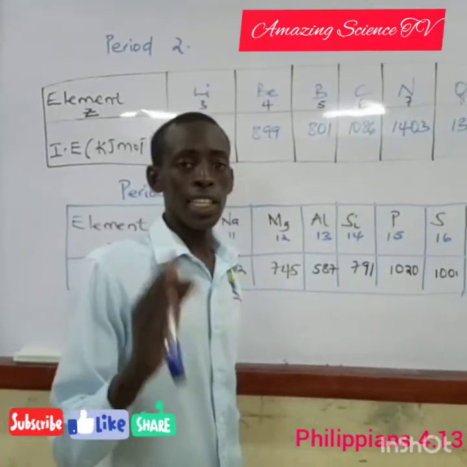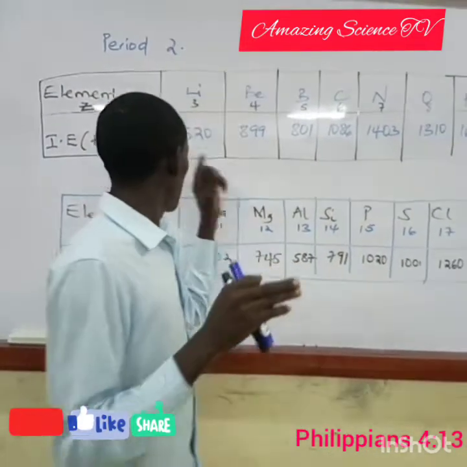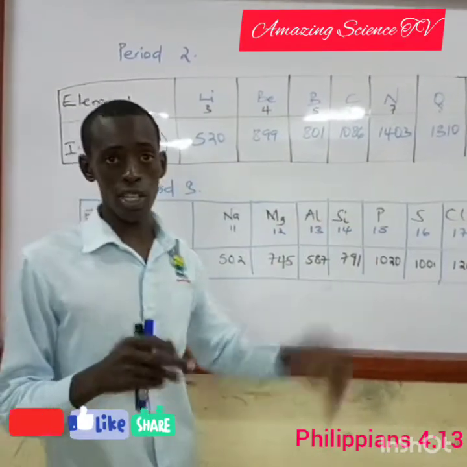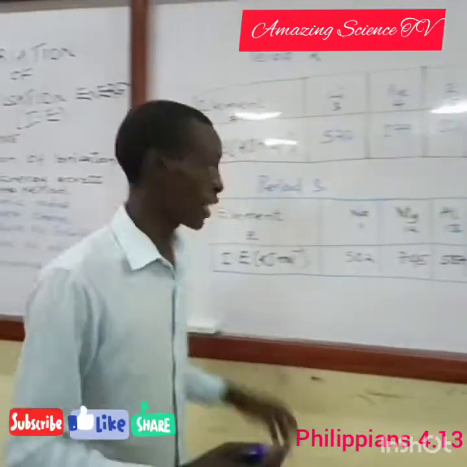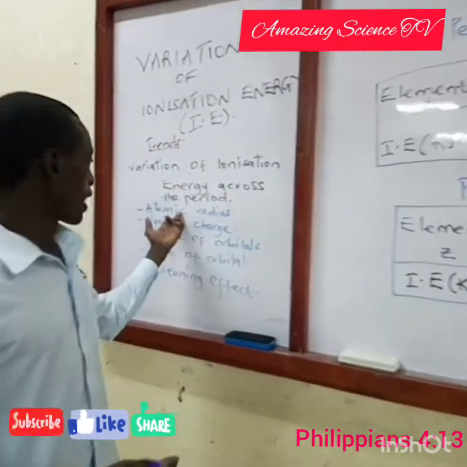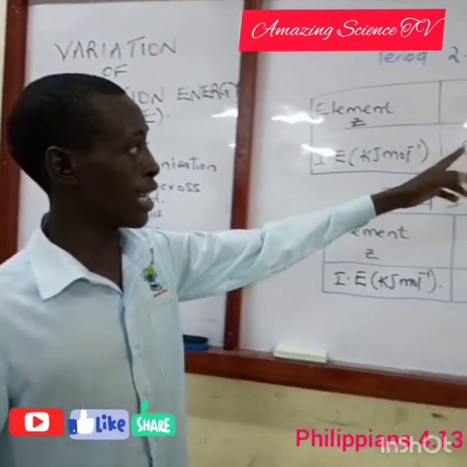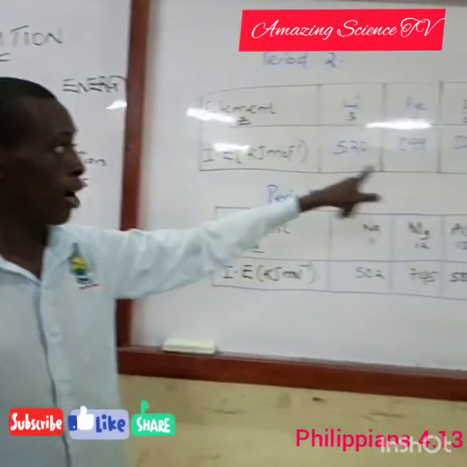The reason why ionization energy follows this trend is, one, when we check on the factors, taking an example of atomic radius, we see that atomic radius goes on decreasing across the period.